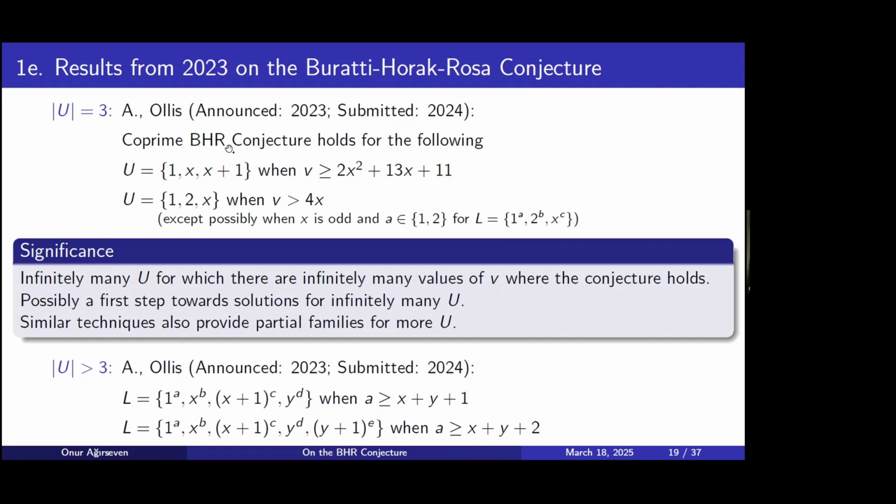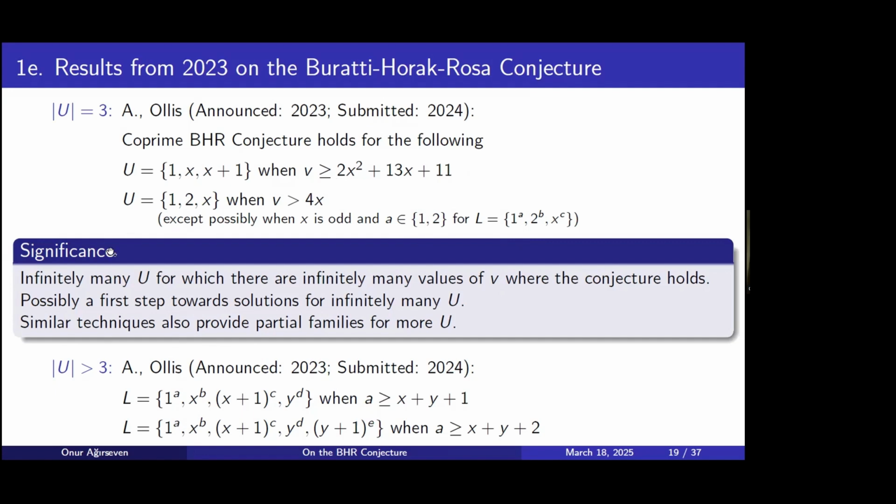Basically, in our first paper, we had these 2 results where we said if V is large enough, in these 2 particular forms of underlying sets, we get the problem resolved. There is a caveat in the second one, but in the top one there is no caveat. It is honestly, if it is this form and V is large enough, then the BHR conjecture holds.